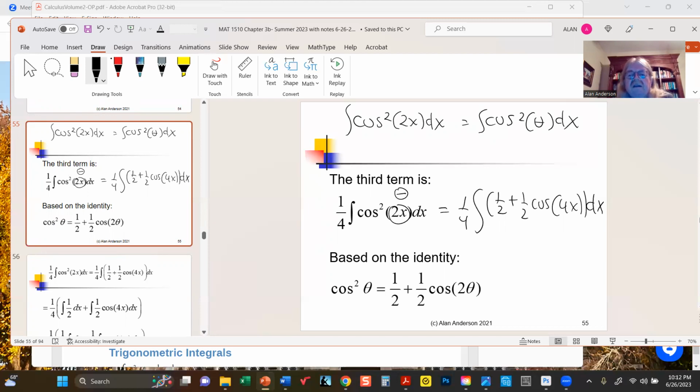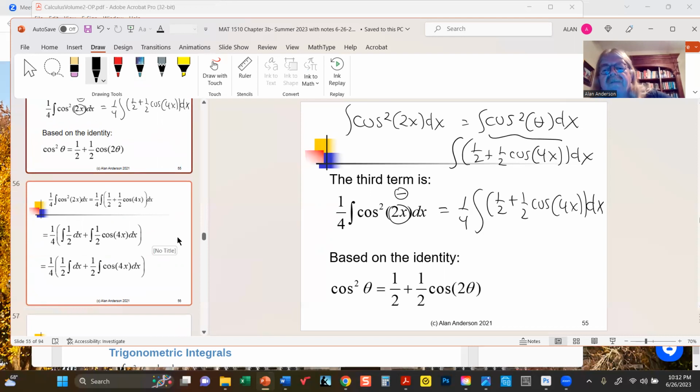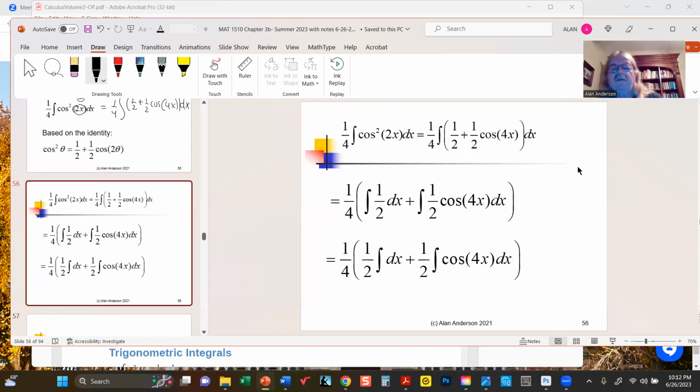Therefore, based on this identity, this becomes a half cosine, not theta, but 2 theta. So if theta was 2x, that means 2 theta is 4x. Now it should be very straightforward to integrate it. All right, so this is the result up here. This is what we're going to call the third term.